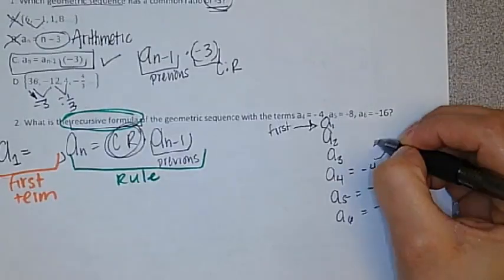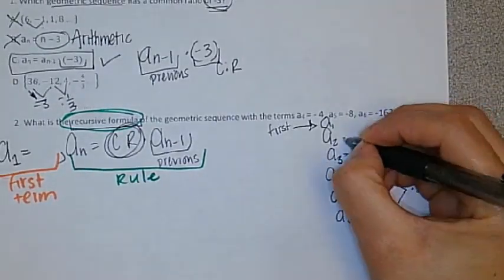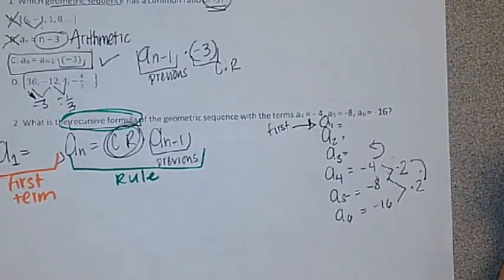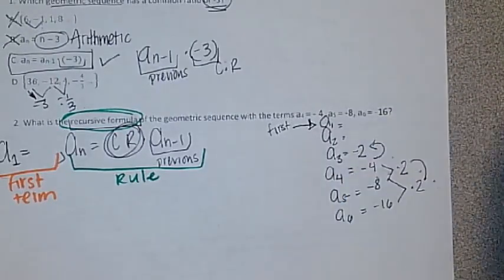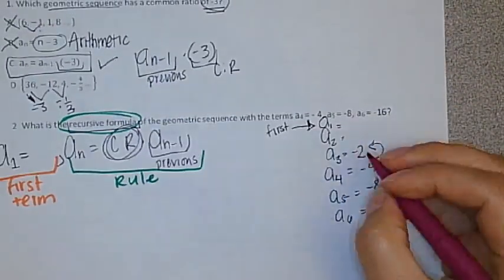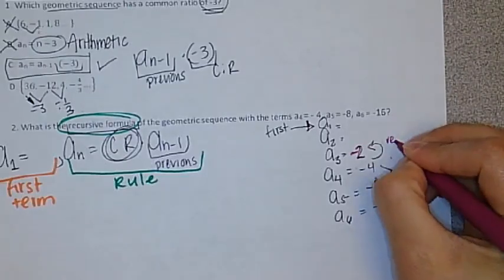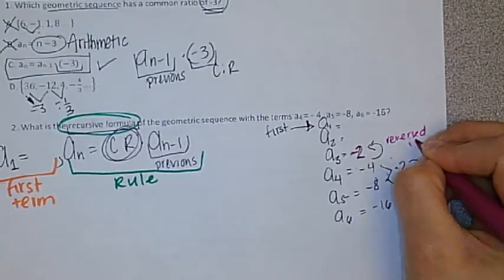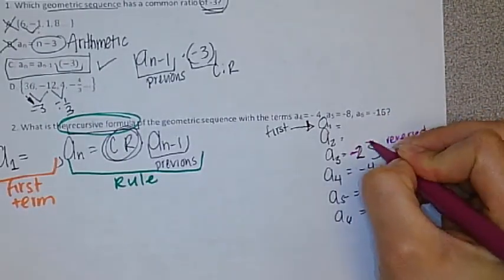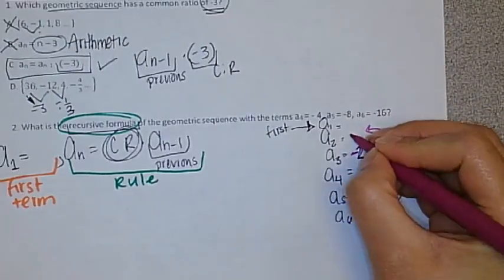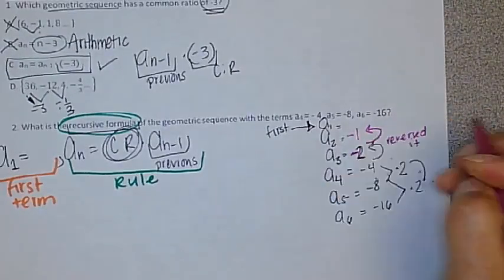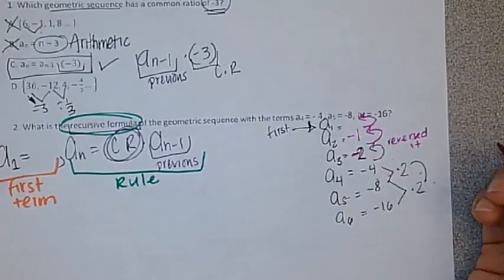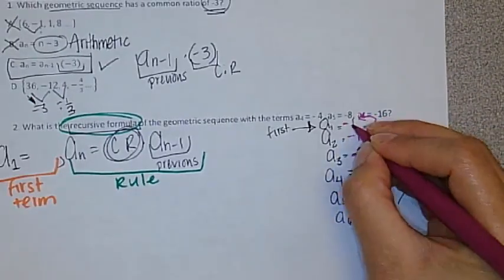So that means this one over here had to have been -2. Okay? I reversed it. And then from here, this had to be -1. And this one would have to have been -1/2.